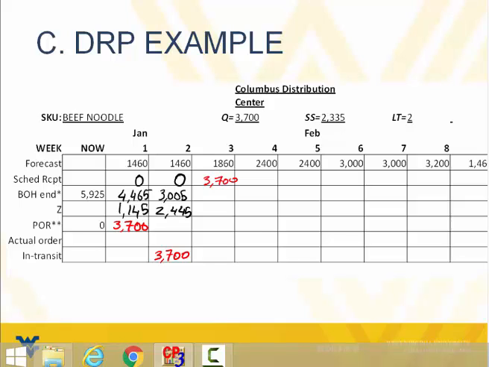We do the same calculation for the balance on hand. We add up this value and this value, and we subtract this value.